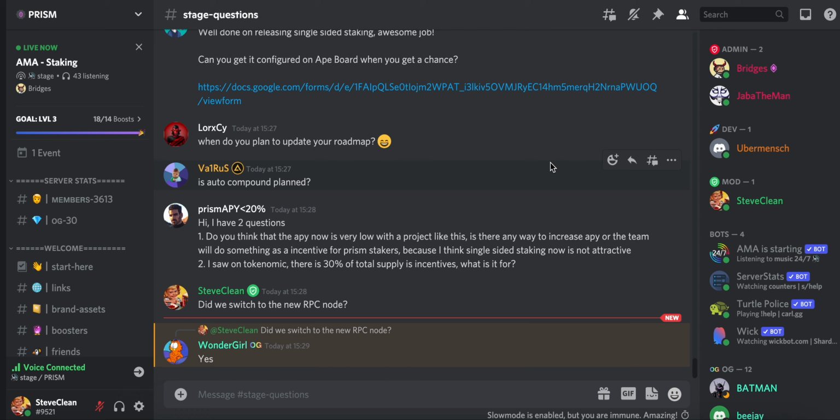As you know, 50% of the buyback of Prism is gonna go to stakers. So the more lockup duration you choose, you're gonna get more weight, a more weighted ratio, so to speak, and then you're gonna get more of the buyback airdrops as well.